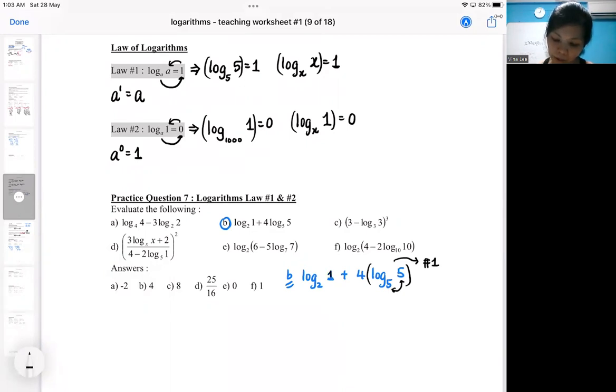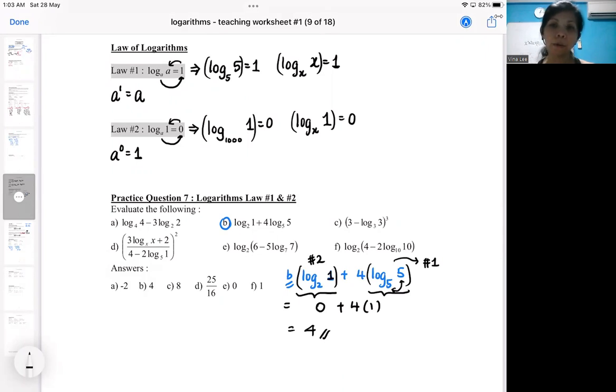And this one is a log where the answer is 1, so this one to me looks like rule number 2. Rule number 2 says that this whole thing becomes a 0. Rule number 1 says that this whole thing is a 1. So that's how we get a value from a log expression. That will be the use of rule number 1 and number 2.